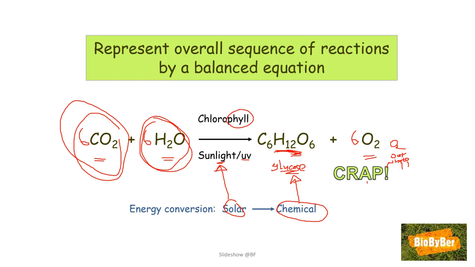Anabolic reactions, AP. Photosynthesis is an anabolic reaction. Catabolic reactions are taking complicated chemicals like food and breaking them down and releasing energy, and that was respiration. Crap. Shh.